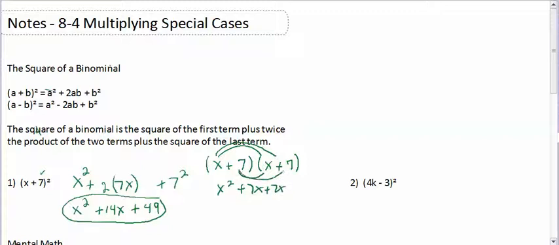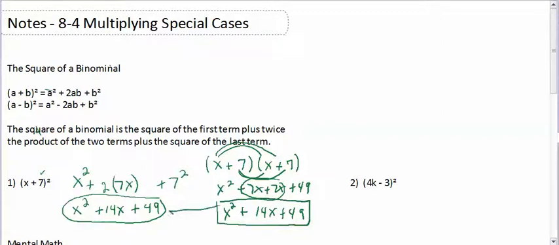And then we multiply the 7 and 7, we get 49. When we add these two together, we get 14x plus 49. And then you have over here your x squared. See how this answer is exactly the same as that answer? It's just that we use the shortcut method by using the square of a binomial.